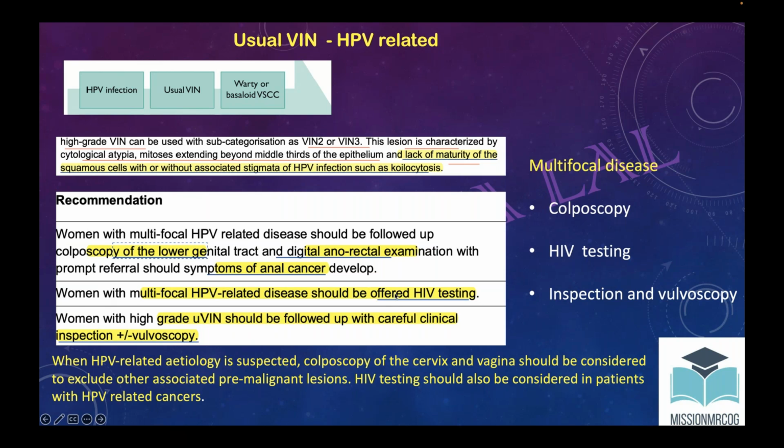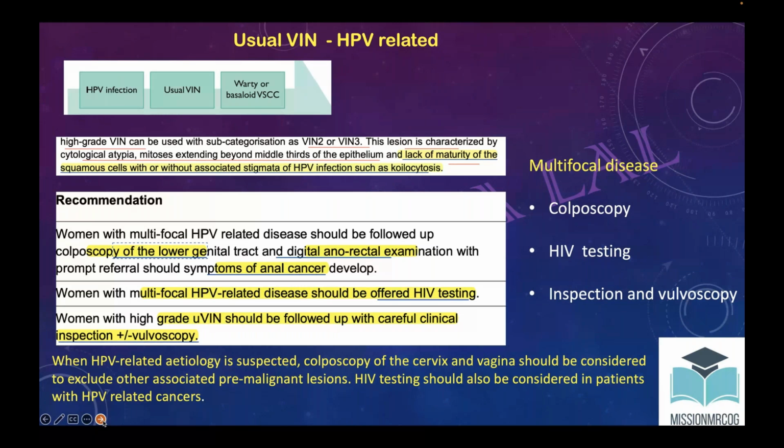Multifocal disease, do HIV testing, and inspection, vulvoscopy, so everything has to be done. You have to rule out involvement of other areas. Apart from this, you have to also do HIV testing. This part is important to understand, then answering questions becomes very easy.